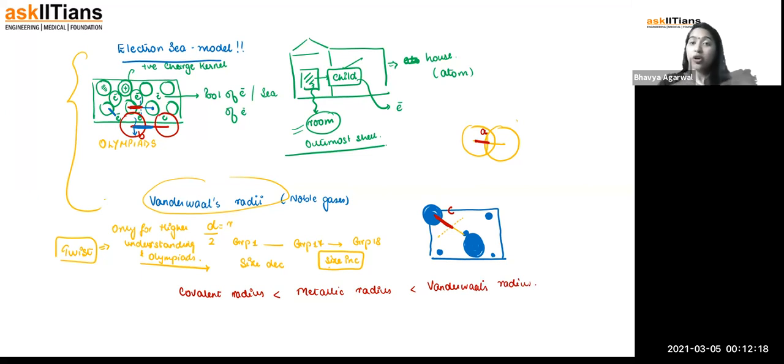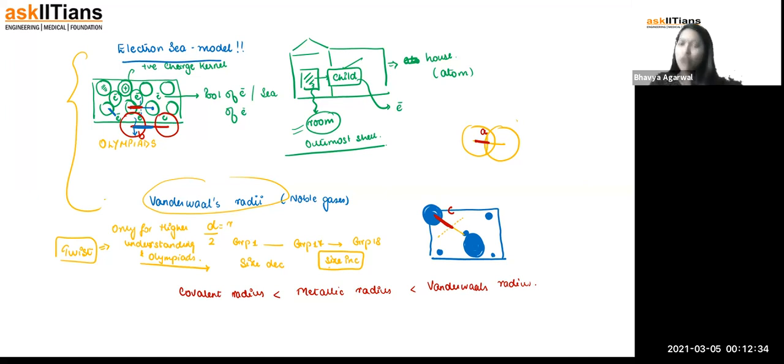So they all are atomic sizes, but because of the different types of bonding or attractions, their sizes will have a varying effect. Is this part clear?